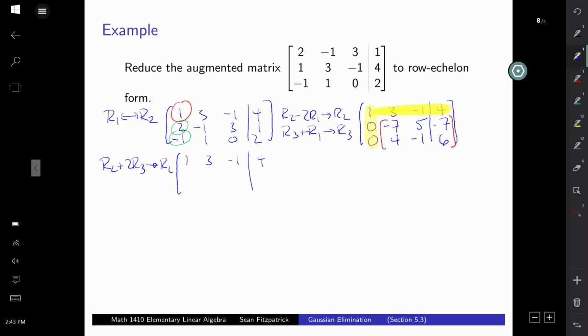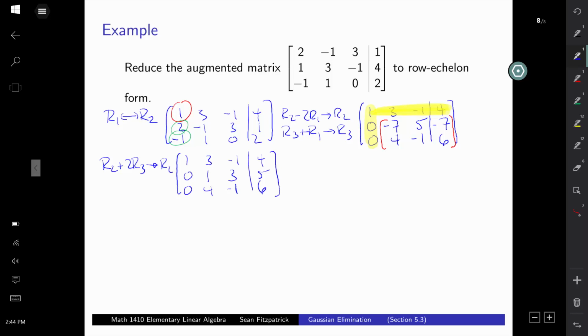The computer would divide by -7 because that is the most efficient way of doing things. But as humans, we tend to prefer to avoid fractions if we can. So -7 plus 8 gives me a 1. 5 minus 2 gives me a 3. Okay, -7 plus 12 gives me 5, 0, 4, -1, 6.